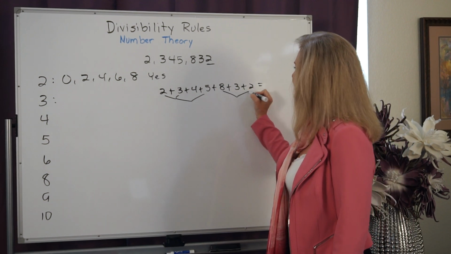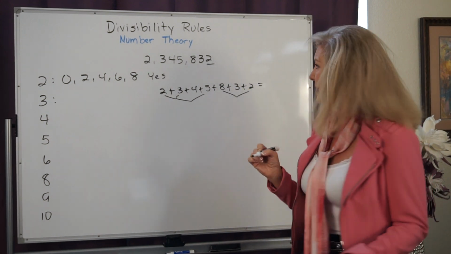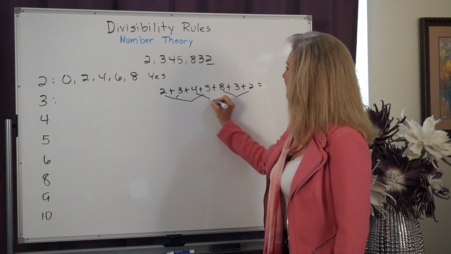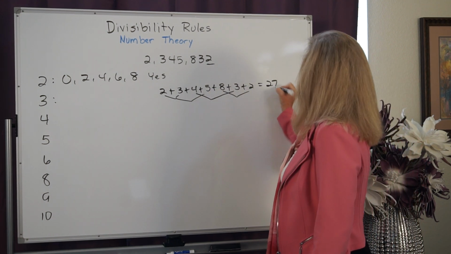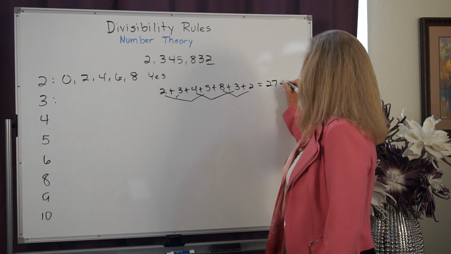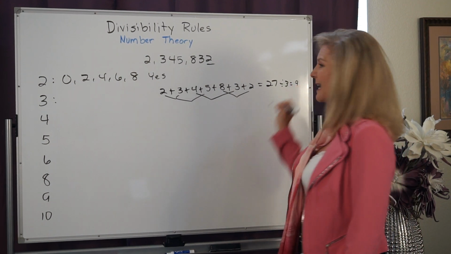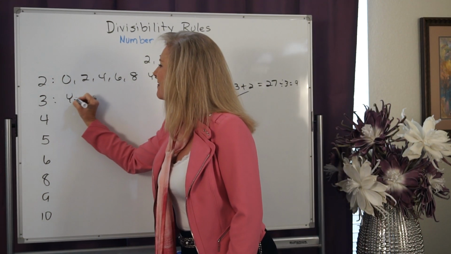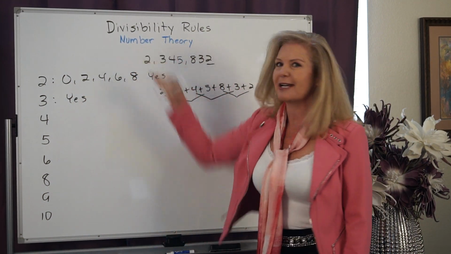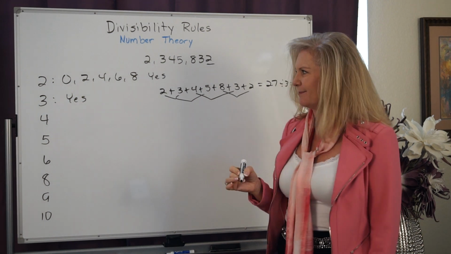I know 8 plus 2 is 10, so I'm at 20. So now we're going to do 24 plus 3 is 27. 27 divided by 3 is 9. It's a whole number answer. So yes, this entire number is divisible by 3.